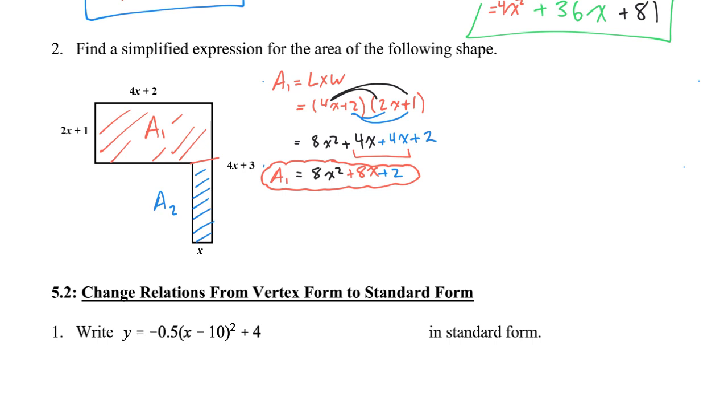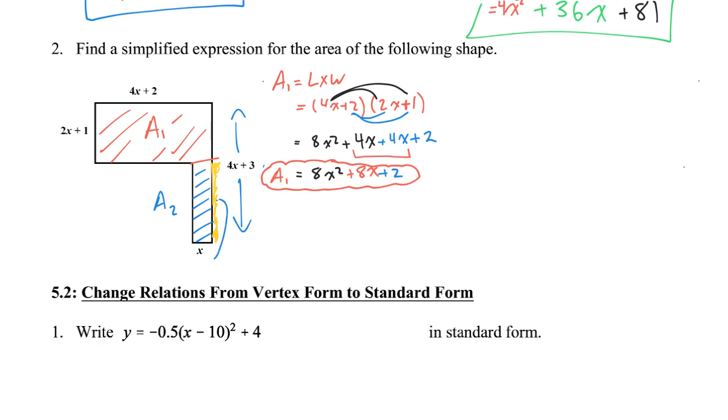So now let's go and figure out A2. For A2, you got to recognize that the entire length from here to here is 4x plus 3, right? But what I'm more interested in is just this yellow part right here.